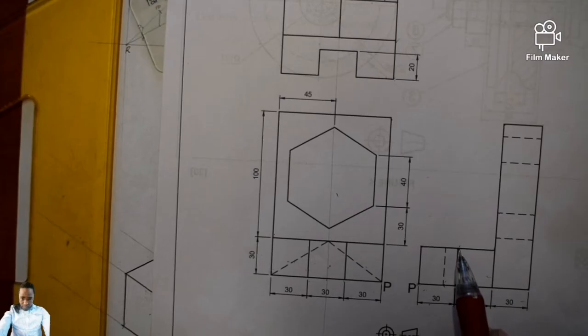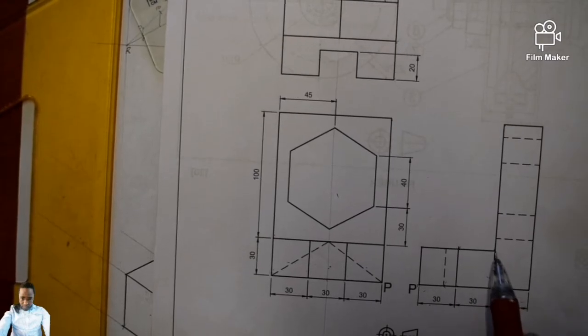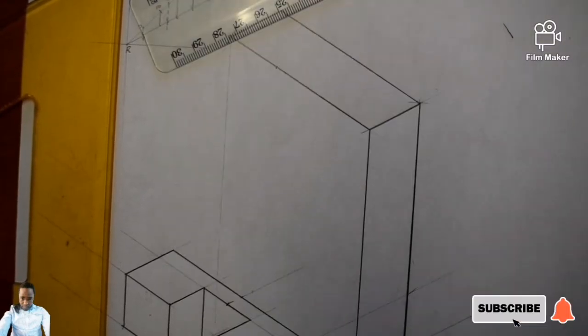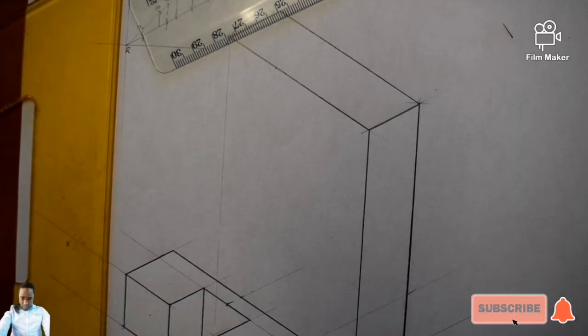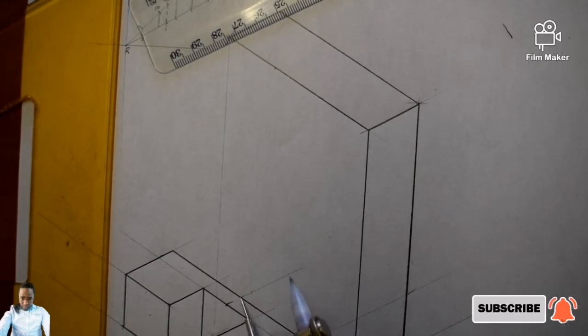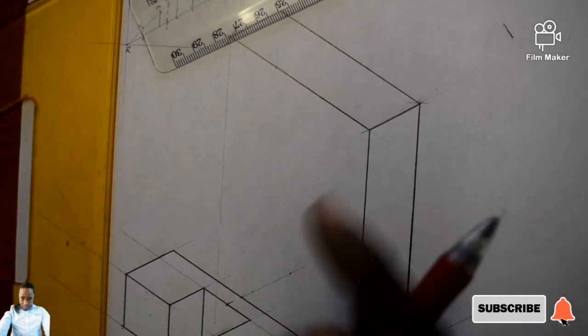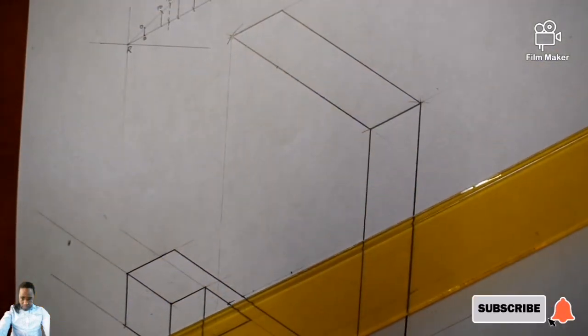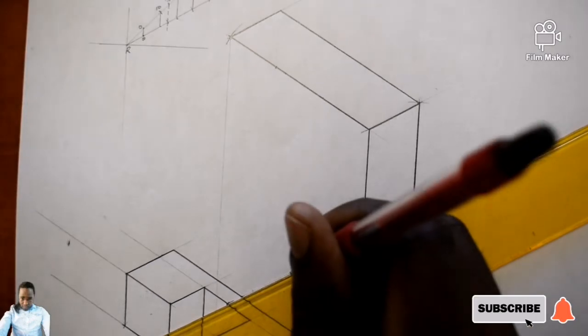I'm moving from this point till that one now. So I'll simply come back. This is the second 30, isn't it? Come back and record it like this and get it right there. So from here till there is the 30 millimeter converted one. So there you go.